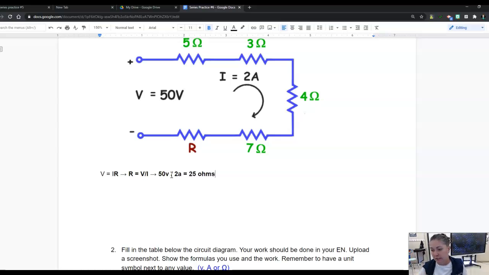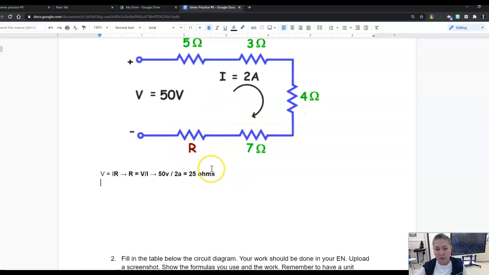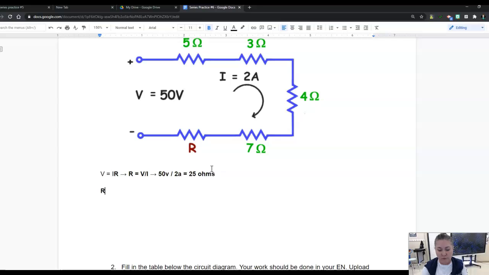Make sure you're handwriting, it'll help you with the memory. But that's total resistance, right? Because we took the big numbers. So it's saying to find this one here. Well, we know that total resistance is equal to all of the resistors added together. So R1 plus R2 plus R3. How many do we have? 1, 2, 3, 4, 5.